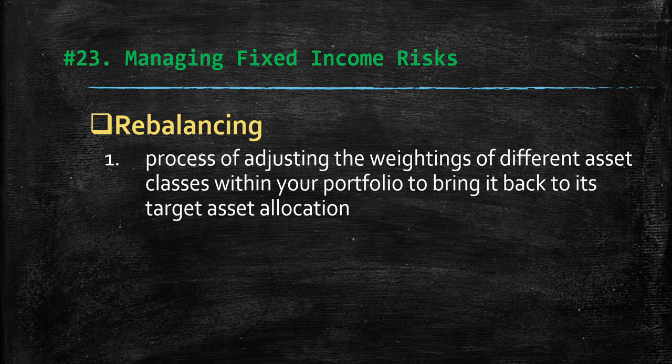And you arrive at your target asset allocation based on different things. I think much of it depends on your financial goals, and much of it depends on the kind of risks that you are vulnerable to.